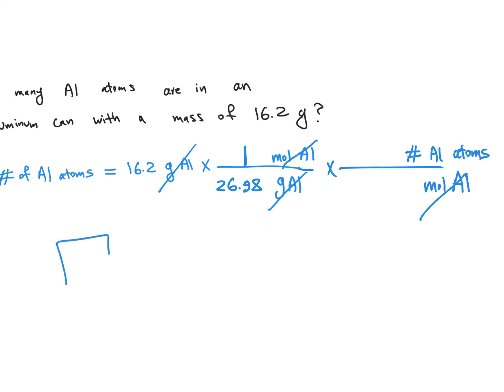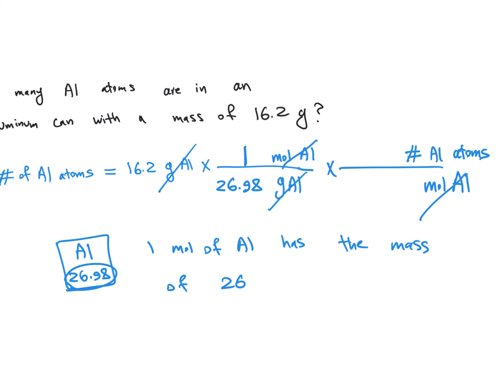Basically, you look at the periodic table, you have aluminum, and the number is listed below. This number is the molar mass. It tells you 1 mole of aluminum has the mass of 26.98 grams. Okay, any questions so far?